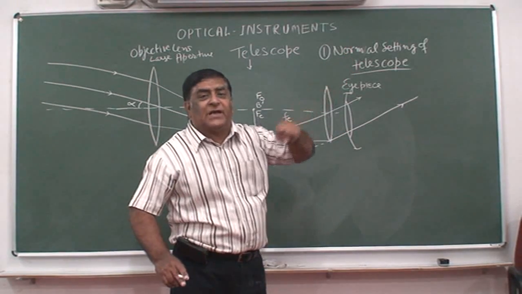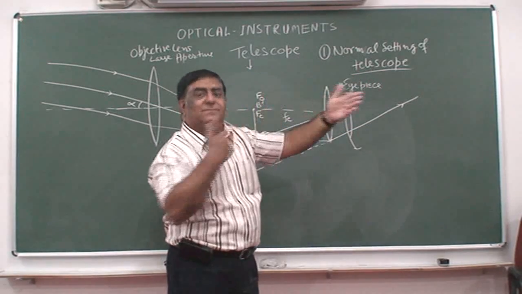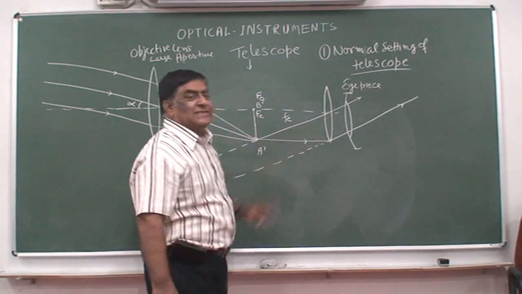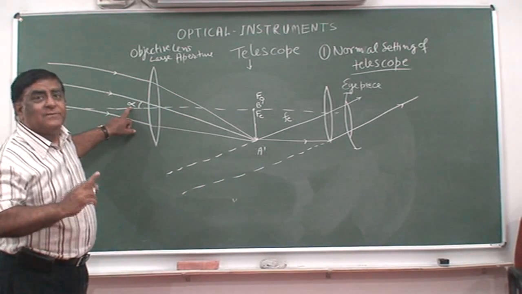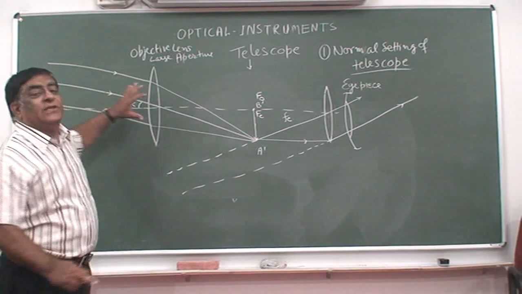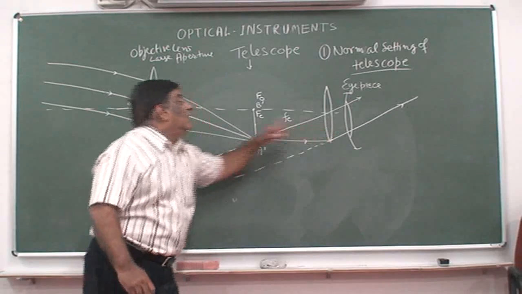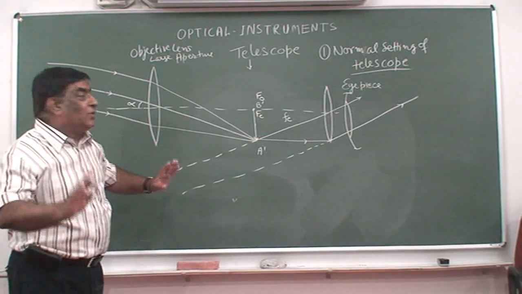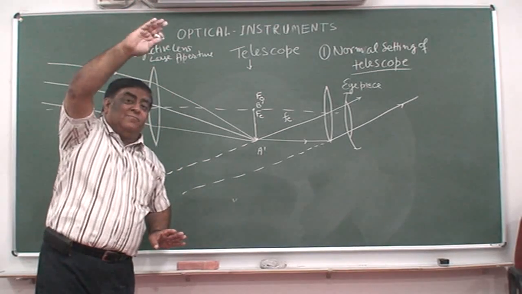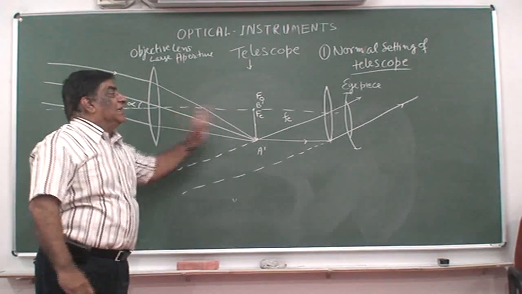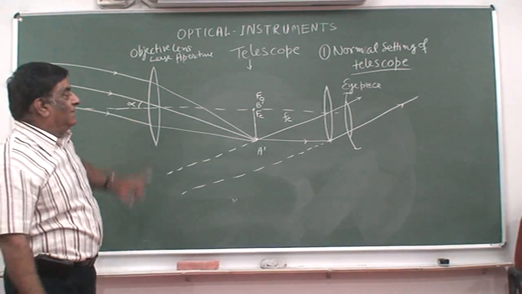If the rays are coming from the sun, it doesn't matter whether this distance or this distance, it is the same. The same thing is here. So we can say alpha is the angle subtended by the object on the human eye. Don't get confused that the eye is here and the angle is here. I already told you both can be taken at the same place, because for that star millions of miles away, it is at the same place. So alpha is the angle made by the object.